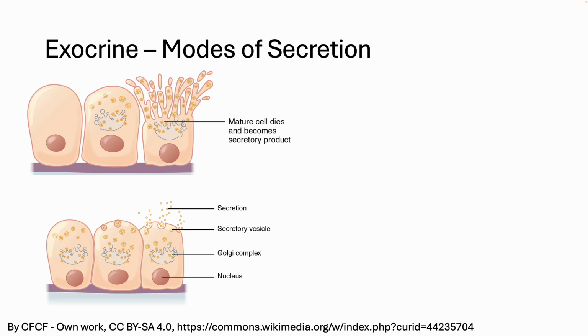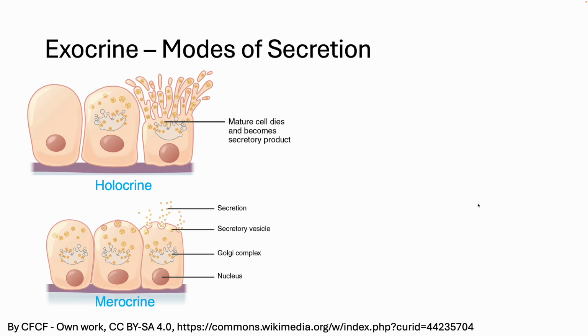All right, exocrine glands have two main modes of secretion. There's actually a third kind, but it's not thought to be significant in the human body. The types of secretion include merocrine, which you see on the bottom, and holocrine. With merocrine, the cells are going to secrete by exocytosis. They merely secrete, while with holocrine, the cells are going to accumulate product and ultimately burst.